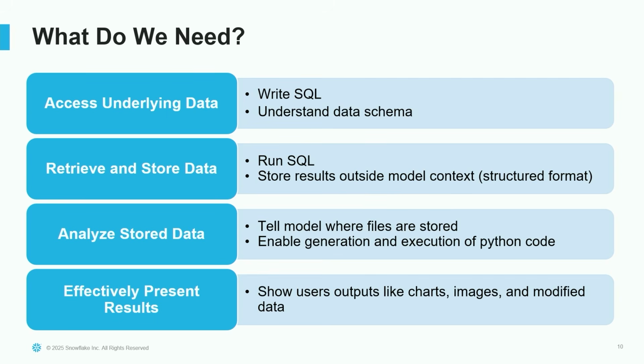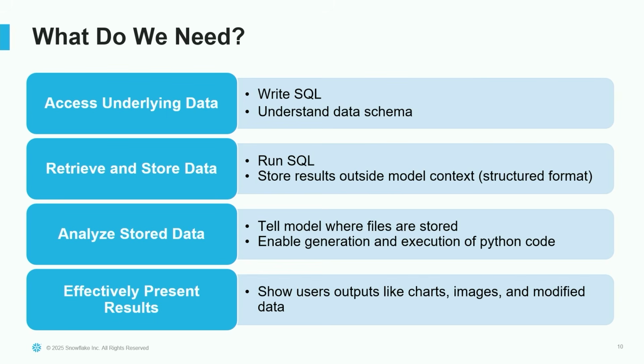Once we've written that SQL, we need to retrieve and store that data somewhere. Running the SQL is pretty easy. I think there's a whole menu of options available to run that and pull that data down. What's more important here is that we need to store those results outside of the model context. Why is that? Well, let's say you have a user that pulls down 10 million rows of data. We have a lot of data at Cboe.